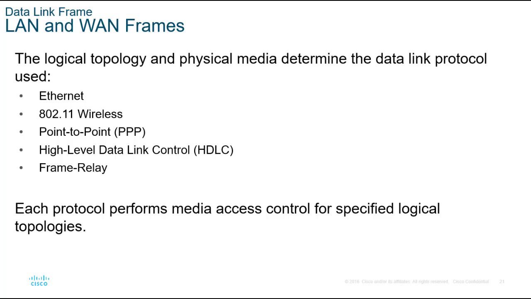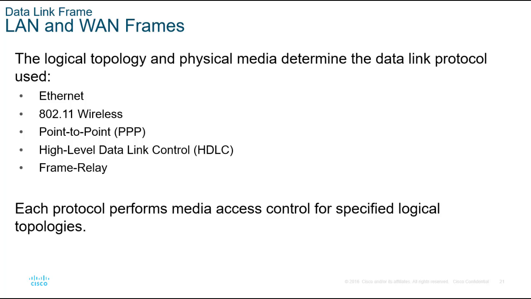A LAN normally covers a small geographic area and uses a high bandwidth, cost-effective technology that can support many hosts. However, a high bandwidth technology usually isn't cost-effective for WANs that cover large geographic areas. In fact, the cost of the long-distance physical links and the technology required to carry signals over long distances usually means lower bandwidth capacity.